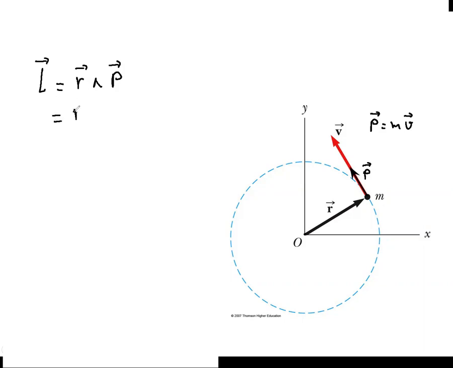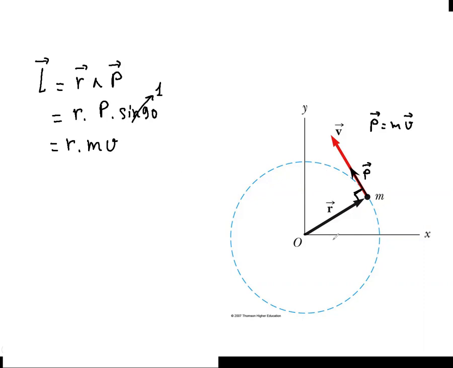Here, r times p. The angle between r and p equals 90. So we have r times p times sine 90, which is equal to 1. So p equals M times v.